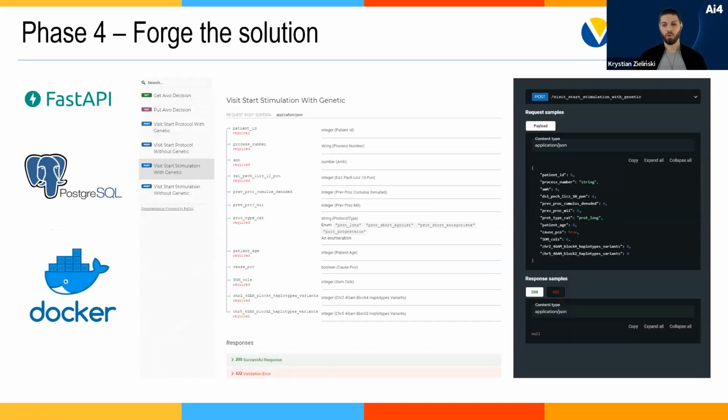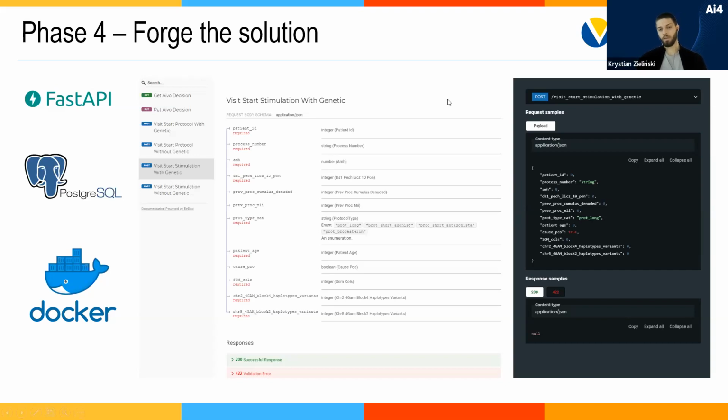So we have the model, we have everything in place. So how do we actually use it in practice? For that, we forged the solution using the FastAPI framework together with a PostgreSQL database. And we Dockerized the solution to provide a proper solution to the developers.